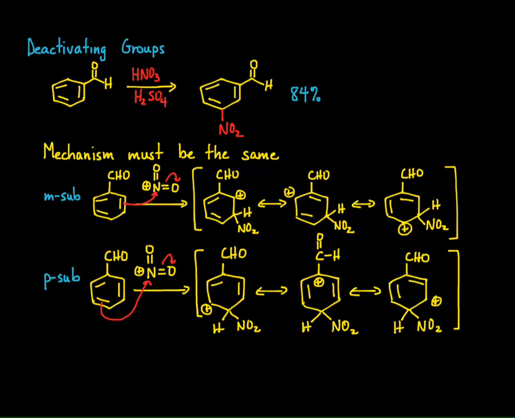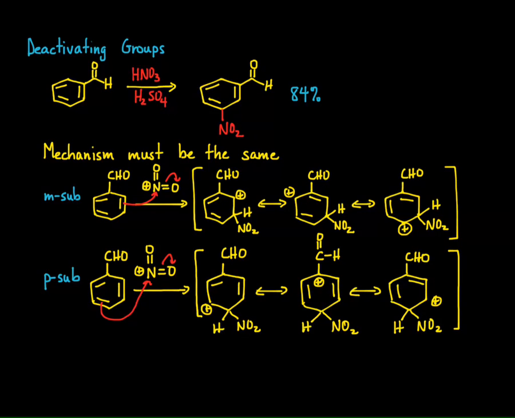So what makes this different between meta substitution and the others? Well, again, we're going to focus on that middle resonance structure, the carbocation that is attached to the aldehyde, right? And if we think about the substituent effect, with OCH3, the oxygen had a lone pair of electrons, and it could donate those lone pair of electrons into the ring and create a fourth resonance structure.